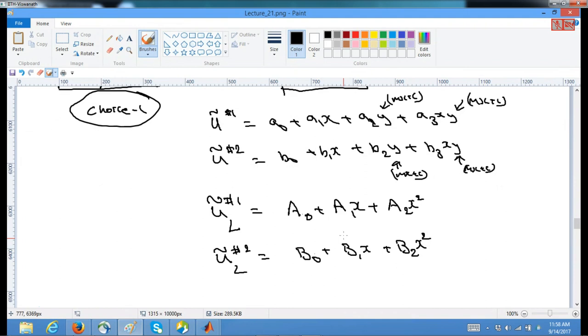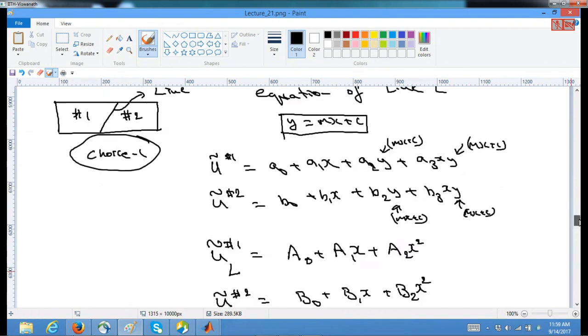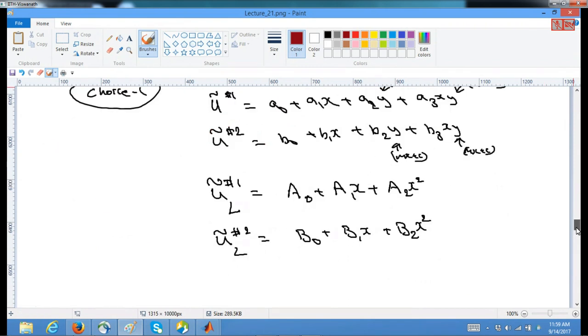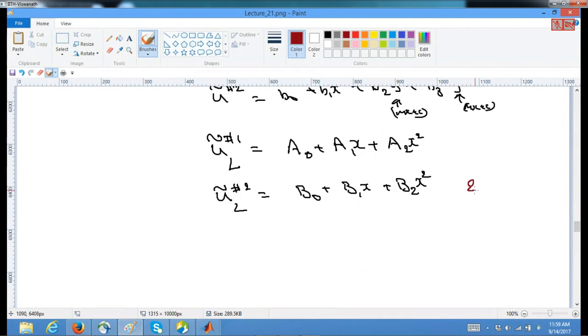Now, how many values do I know along this line? Along this line, I only know the value exactly at this place and this place. So I know two values, that is, n equals 2.